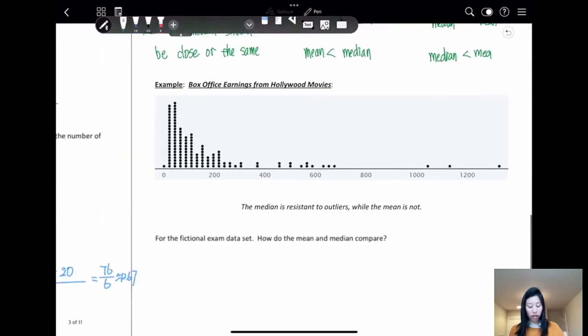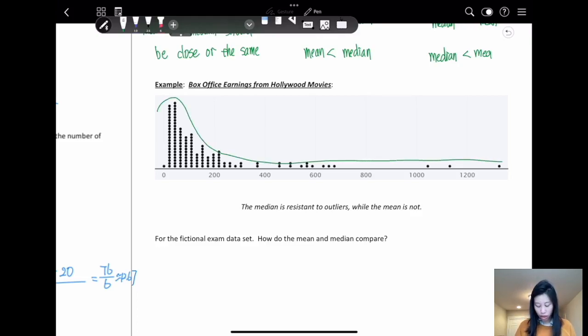Look, for example, box office earnings from Hollywood movies. So if we connect these dots together, you will find out this is what? A skewed right shape.